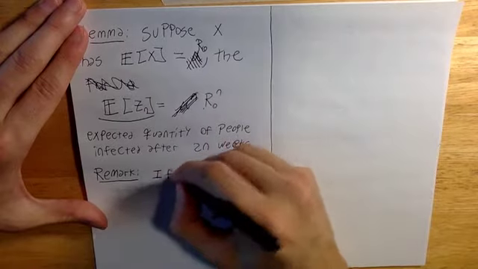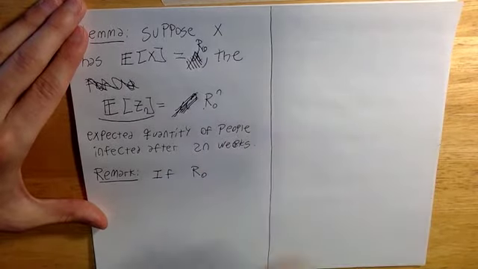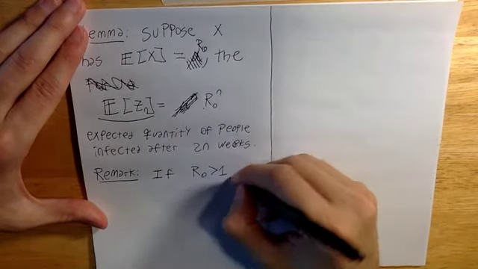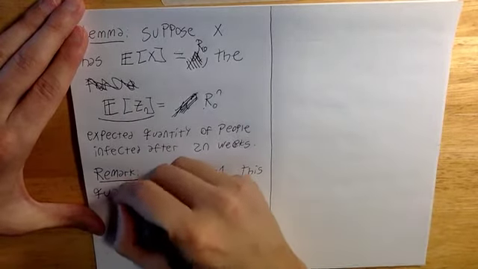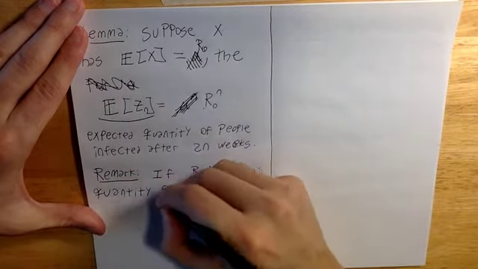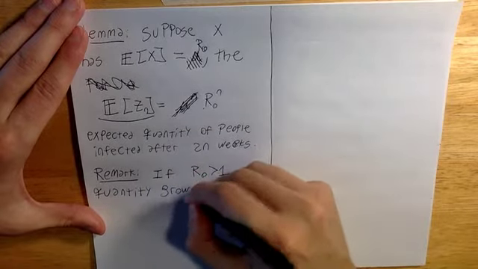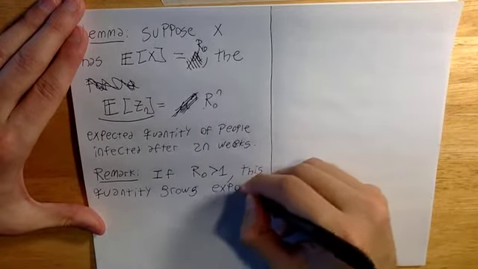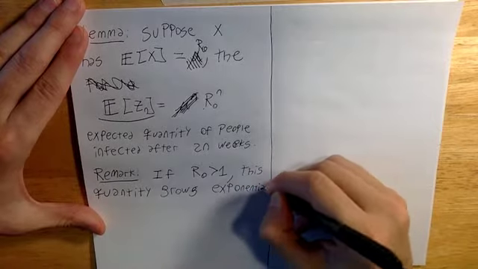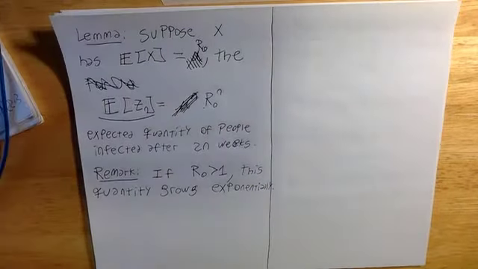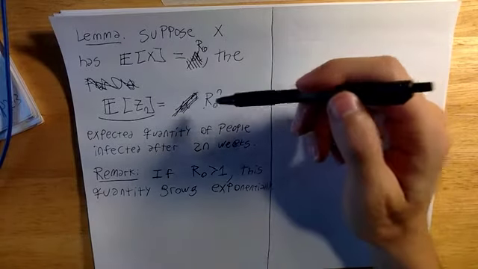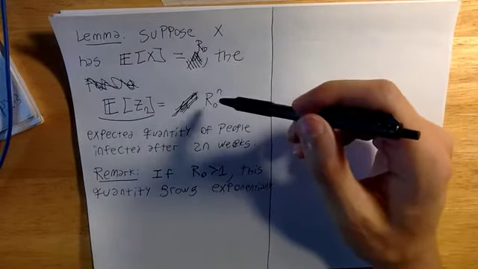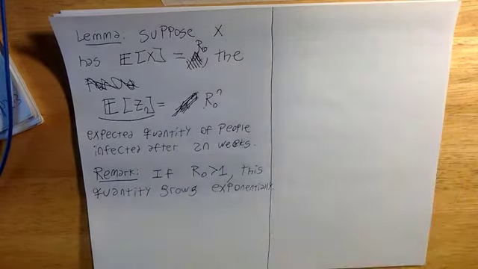If R0 is larger than 1, this quantity grows exponentially. So the larger the number of people you're likely to infect, after a few generations this will become unmanageable.